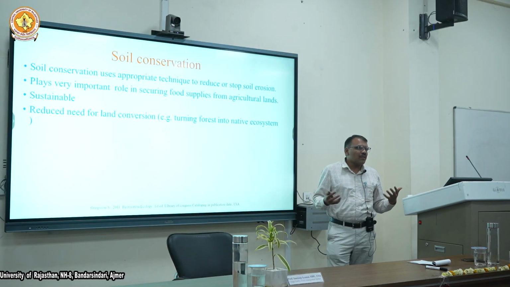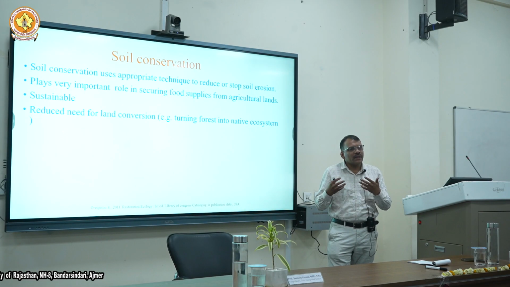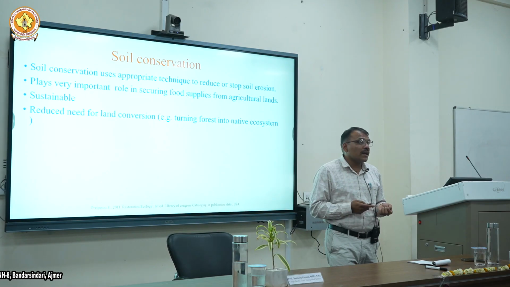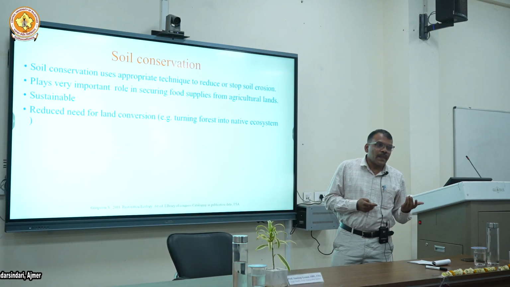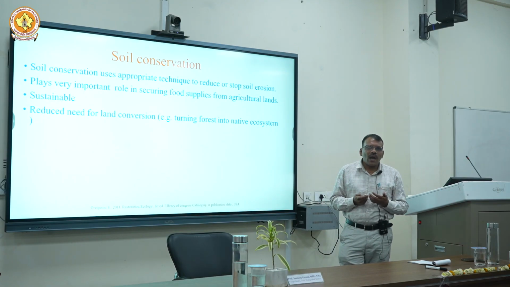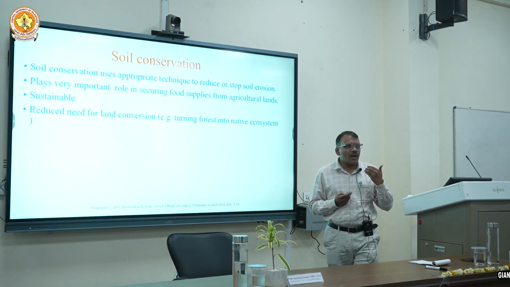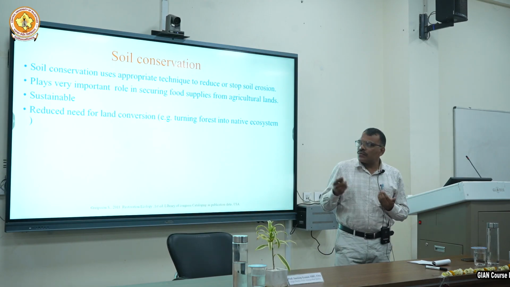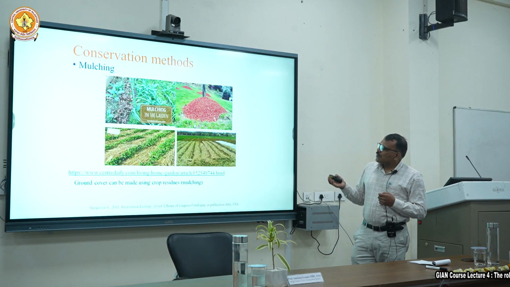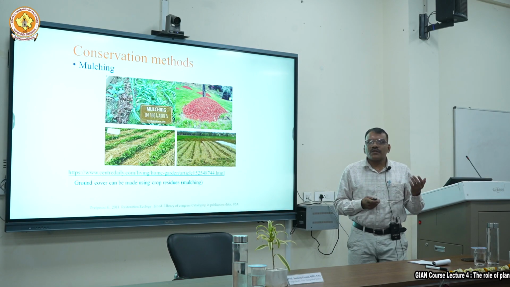Very nicely, the production of sugarcane, vegetables, wheat and rice increased very significantly and it was pollution free, right? So it is quite possible, if you have the mentality and the attitude to change, yes, you can do that. Then there are certain methods for conservation of soil.